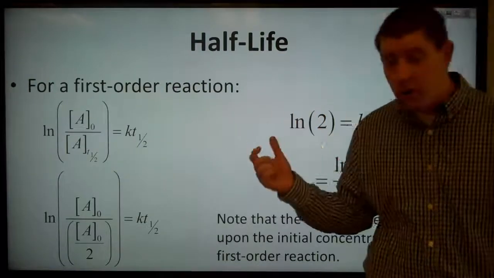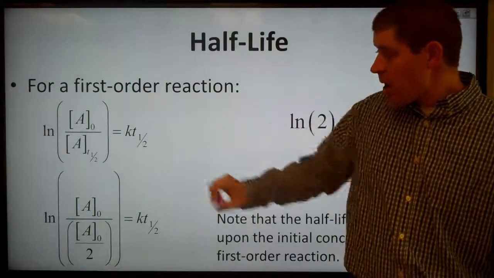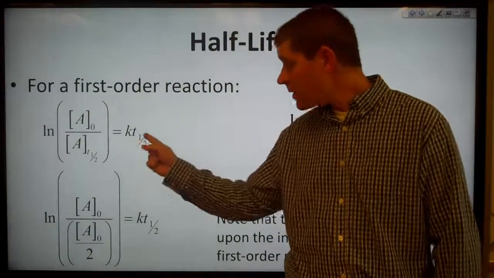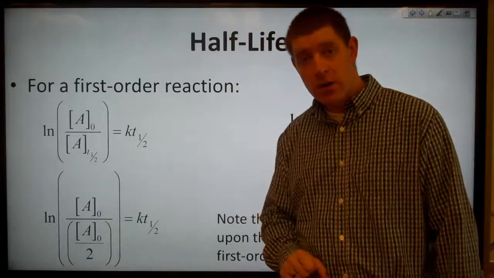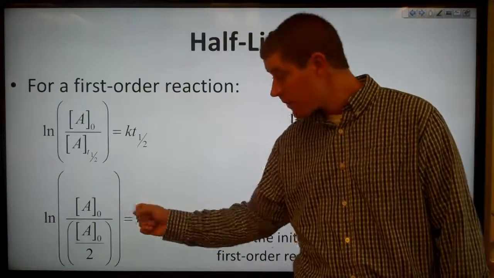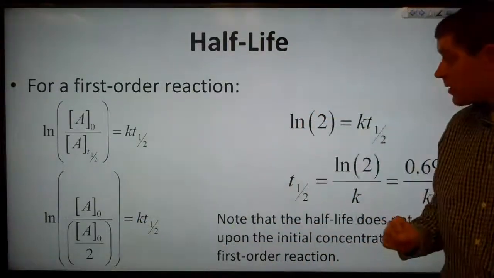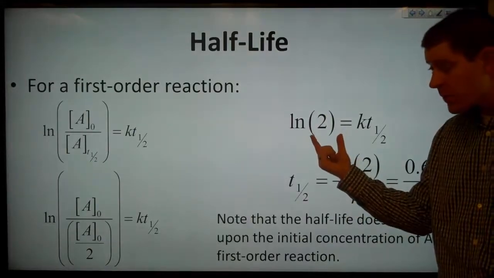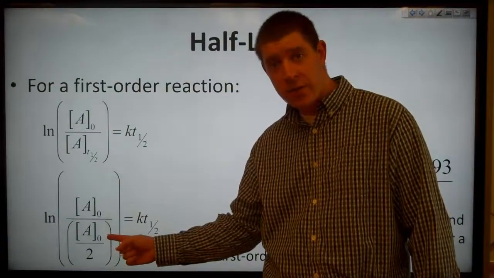So for a first order reaction, we have our integrated rate law. And we know that at our half-life time, t1/2, the concentration of A at that time is half of what we initially had. Now the fraction inside the natural log simplifies to 2, because we're dividing our initial concentration by our initial concentration divided by 2.